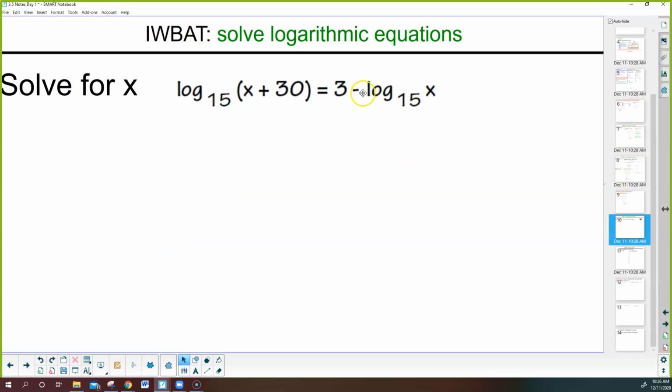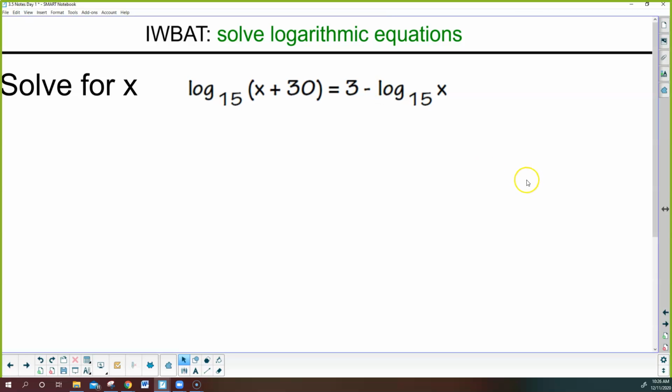All right, we got a couple more to look at. This one is really interesting. Okay. So I'll give you a second to write this one down, but notice there's something a little different here.